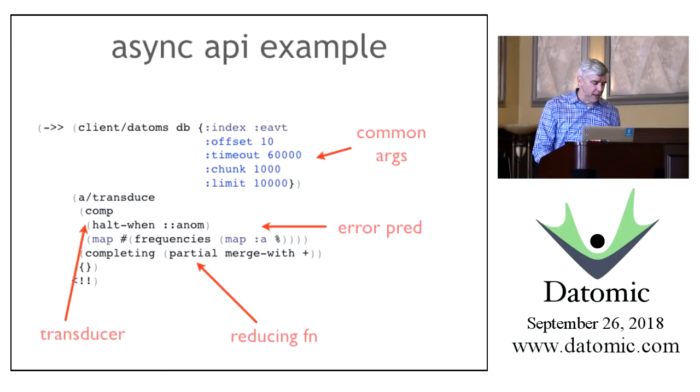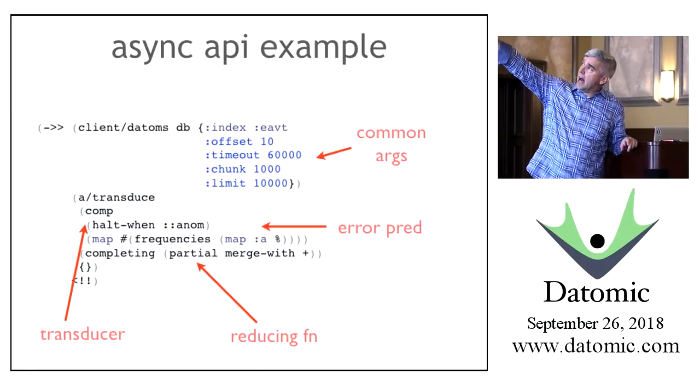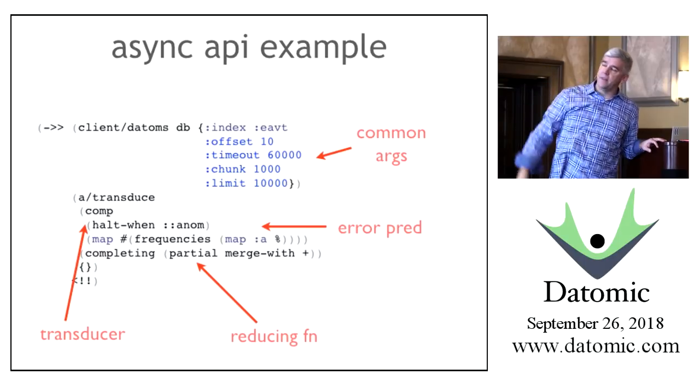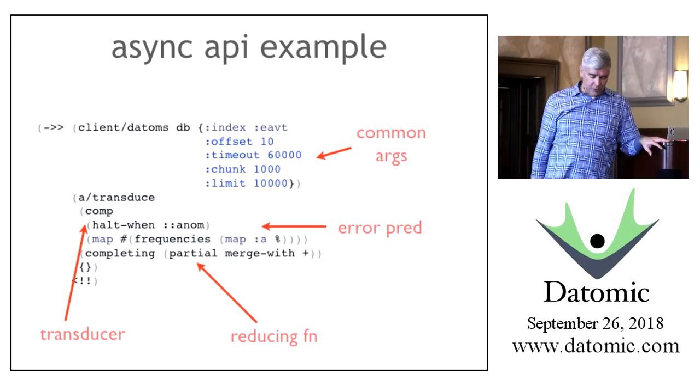This is a quite complex example of the async API. It's demonstrating, at the top, specifying all the common args explicitly. So start at the 10th one of these. I'm willing to wait up to 60 seconds. I want them 1,000 at a time, and I only want the first 10,000 of them. And then it's showing doing a Clojure transducer over these.